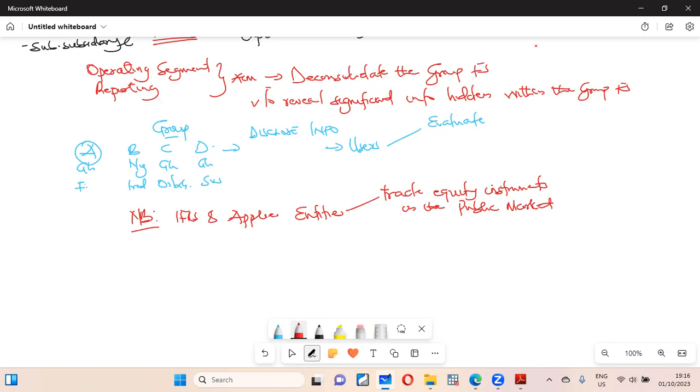When we deconsolidate it, we find how each entity is performing, so that the investor who wants to invest into the company gets the ability to evaluate each entity separately and know where to invest. We've also mentioned that IFRS 8 only applies to public companies, those who trade their shares to the market.